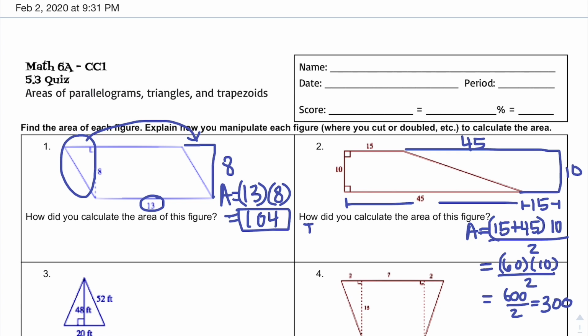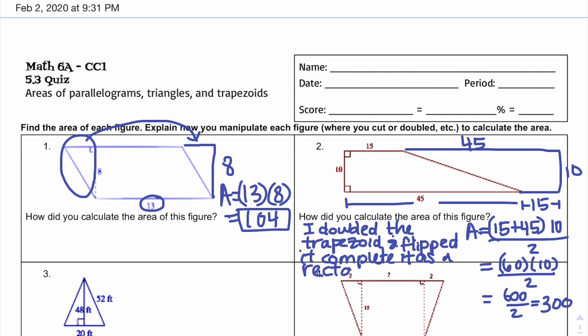I said I doubled the trapezoid and flipped it to complete it as a rectangle. Again, I'm going to have to shrink this.